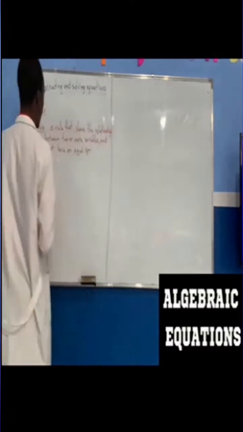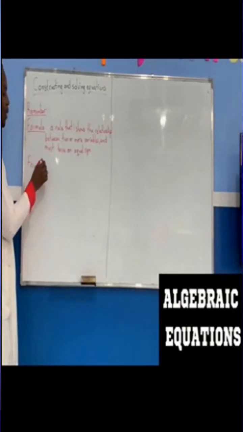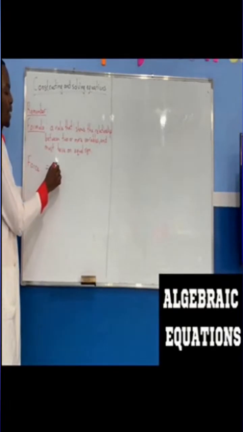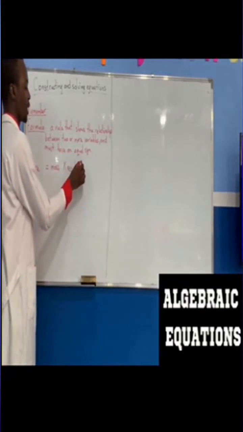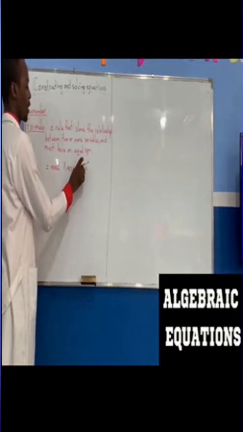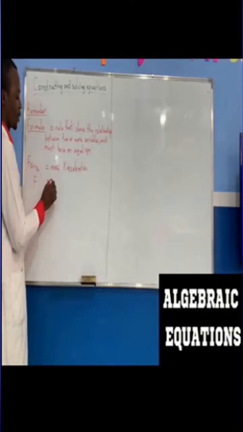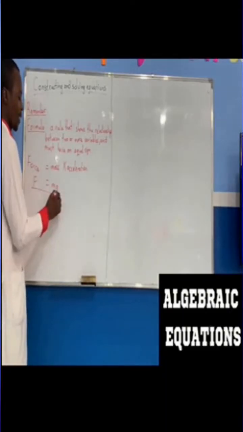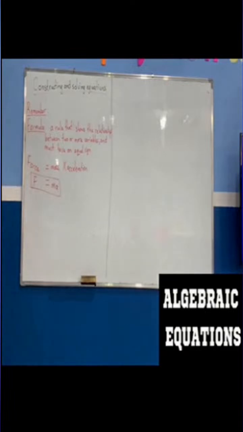A classic example would be the formula for finding the force exerted by an object, which is given by force equals mass multiplied by acceleration, of which, whilst on Earth, the acceleration due to gravity would be 10 meters per second squared. The formula can be summarized as F equals ma.